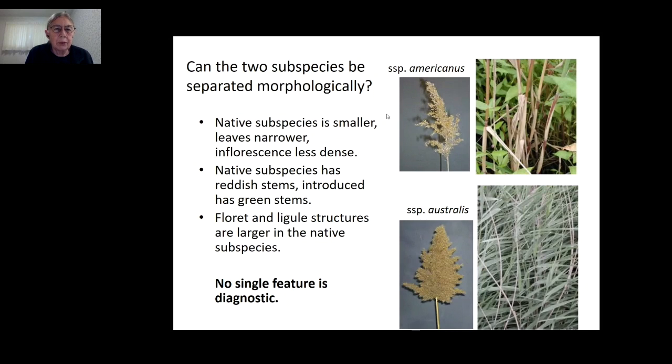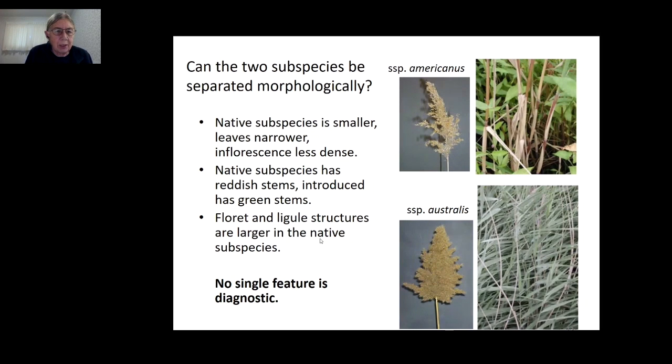This has been looked at by Dr. Saltonstall and by others who have tried to find ways of telling the two subspecies apart that doesn't necessarily involve sequencing DNA regions. So we took the samples for which we had looked at DNA, and so we knew what the DNA said about what subspecies they were, and we looked at morphological differences between those groups.